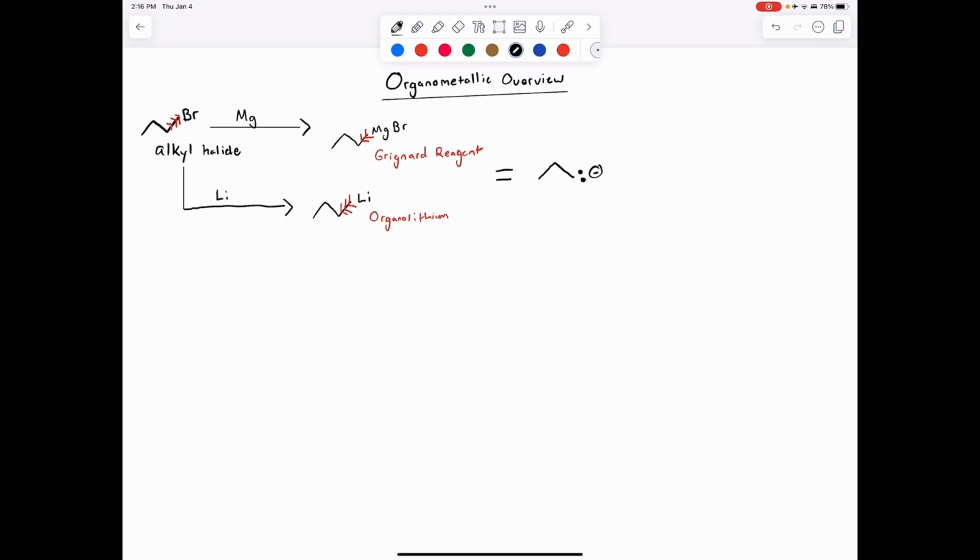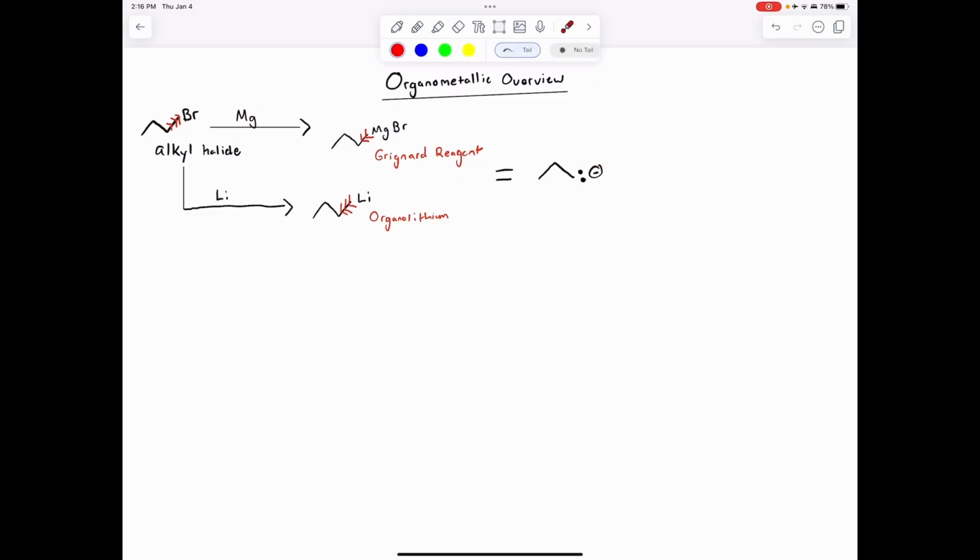So no matter if you have a Grignard reagent or an organolithium, in both cases it is a carbon with a negative charge. And as we go through the problems, that's how I want you to look at it. It works for some people. It doesn't work for other people. But I want you to test it out. Keep that in mind, though. There's a negative charge there.